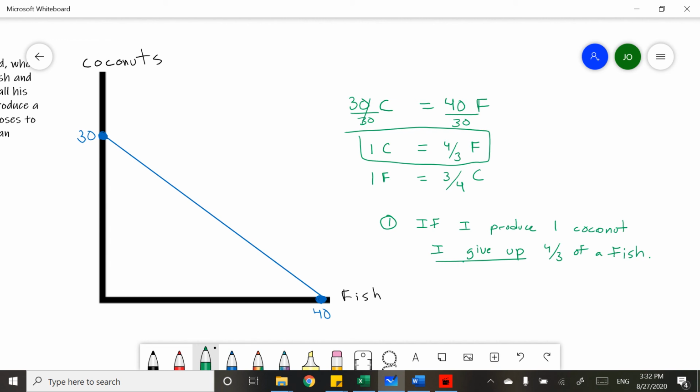I give up, meaning opportunity cost. That is my opportunity cost. That portion when I say I give up, that's my opportunity cost.